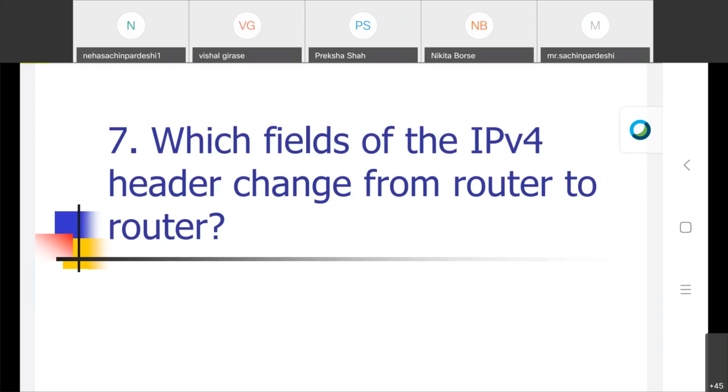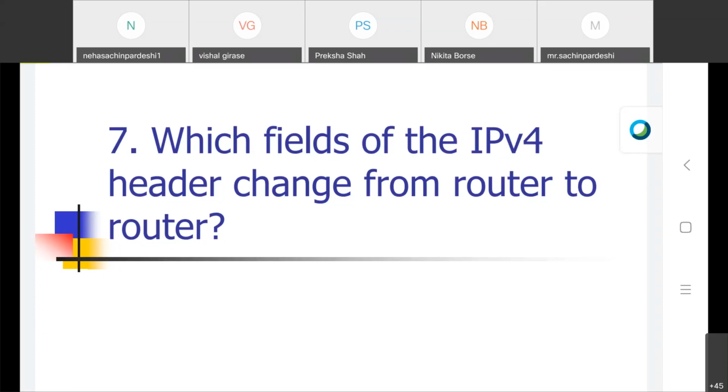Because as the datagram passes from router to router, this time to live field is decremented by 1. I hope you all remember this concept. Time to live is the survival time, for what duration the packet will survive in the network.